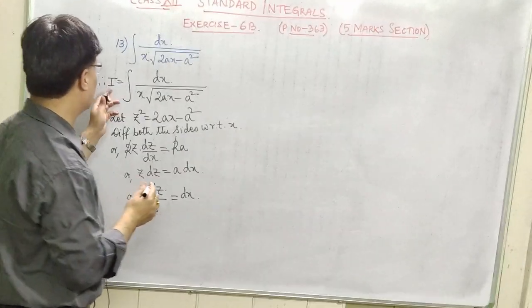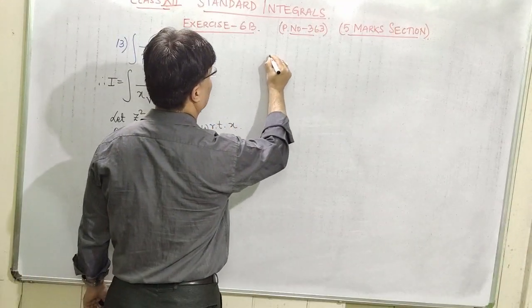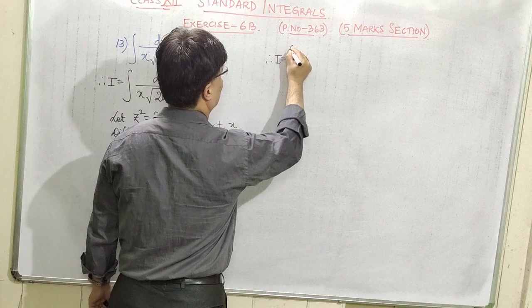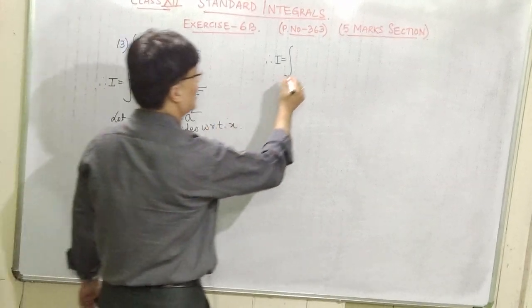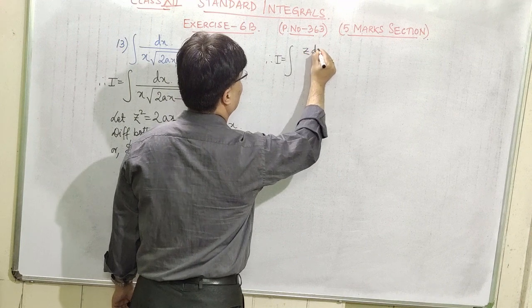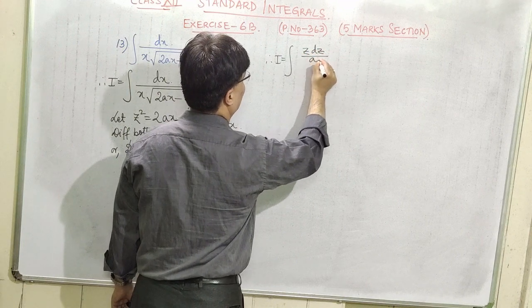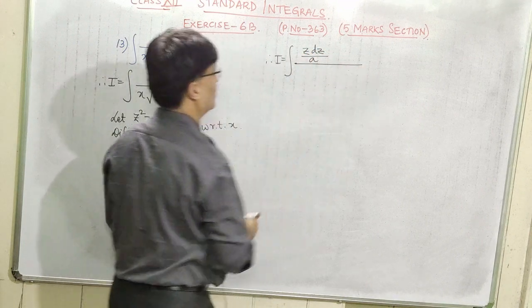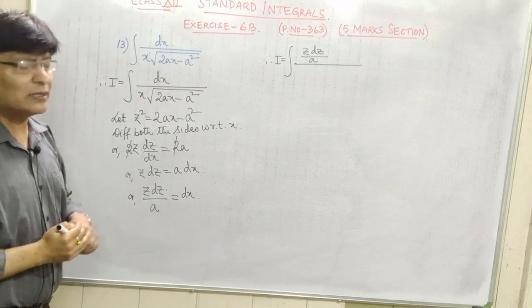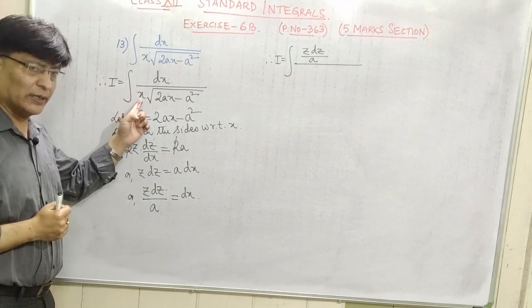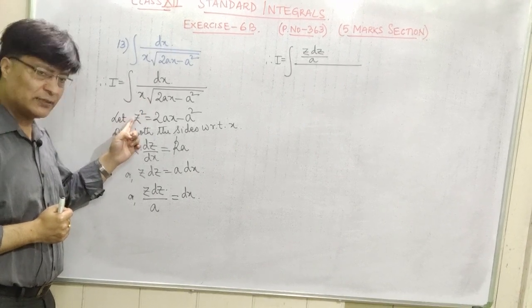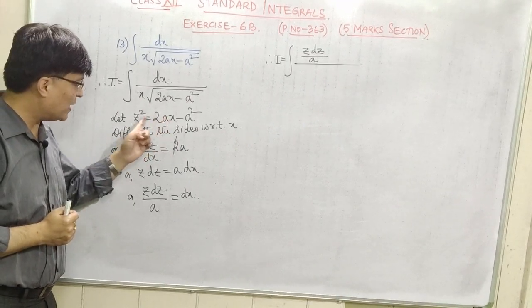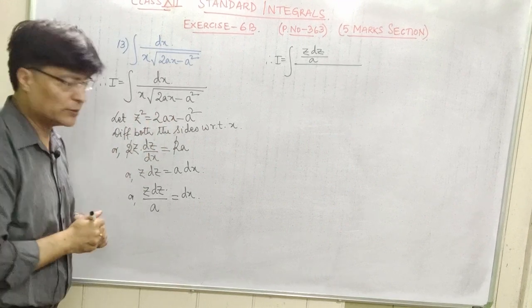So now let us put these values in I. Therefore I is equal to the integration of, what is dx? dx is z dz divided by a upon. Now in the denominator there is x only, so you have to express this x in terms of z. So get the value for x from this equation.